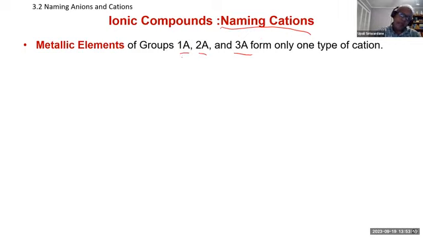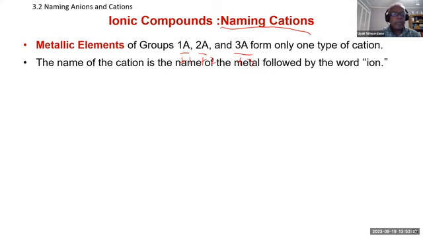They make positive ions: positive 1, positive 2, positive 3. The name of a cation is the name of the metal followed by ion. For example, sodium is the sodium ion.